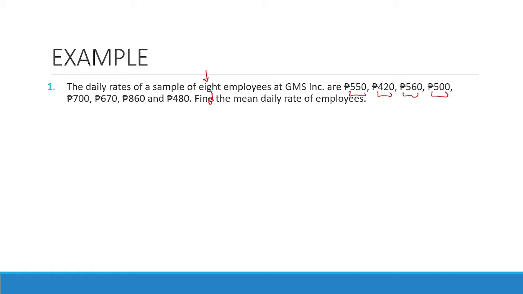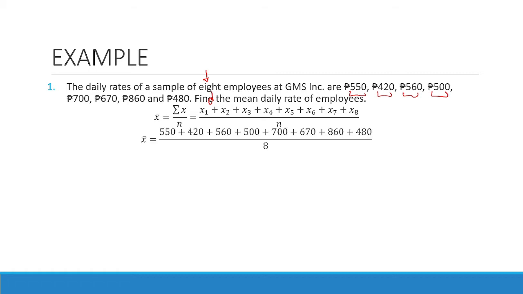So basically, you just need to add those values wherein we have there our x1 will be 550, x2 will be 420, x3 will be 560, and so on. And you just need to divide it by n, wherein our n here is 8. So it would look like this. So we have 550 plus 420 plus 560 plus 500 plus 700 plus 670 plus 860 plus 480 divided by 8.